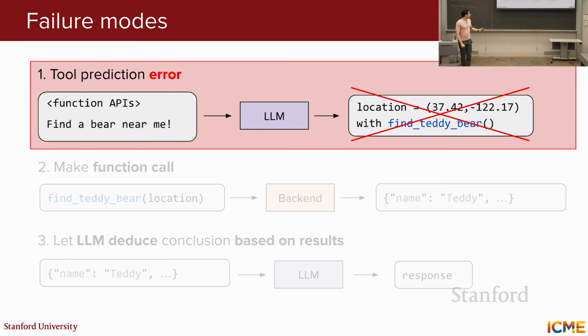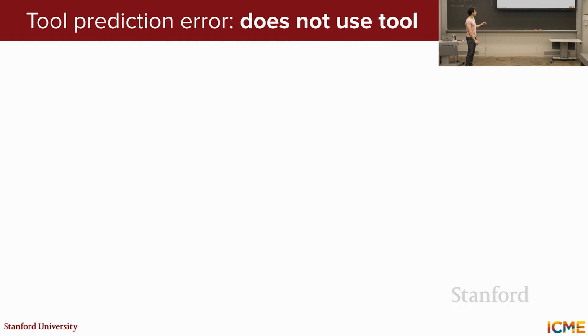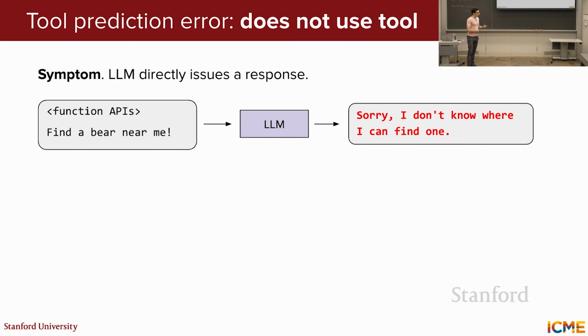Okay, so now let's look at what the failure modes can be at each of these steps. So first, let's take a look at possible tool prediction errors. The first one I want to mention is the case where, from a user query that obviously needs a tool, you don't actually use the tool. So here, let's suppose that you want to find a bear.